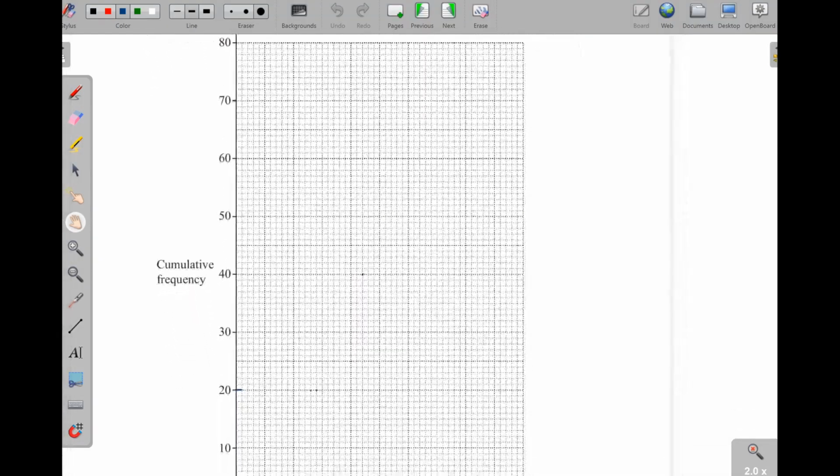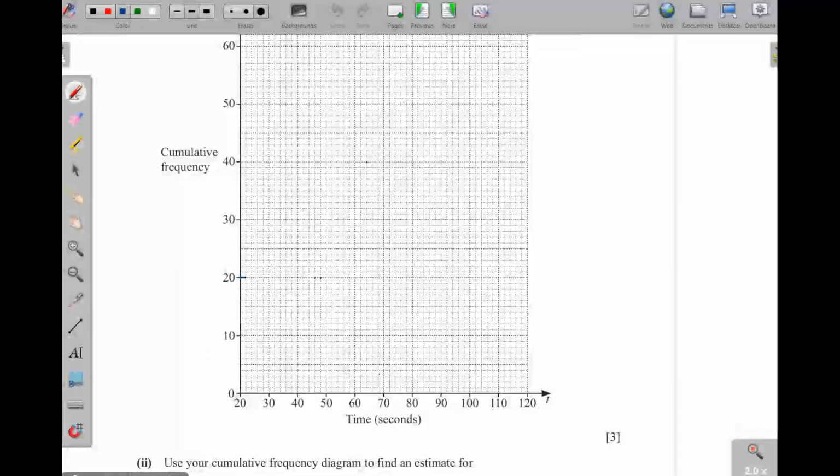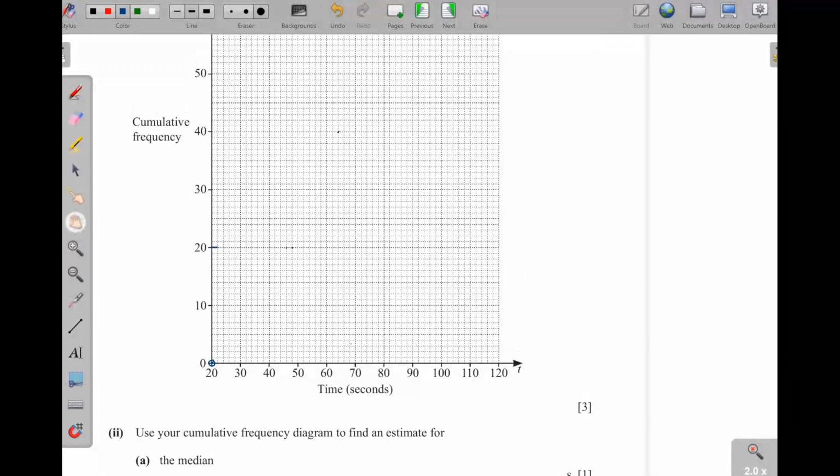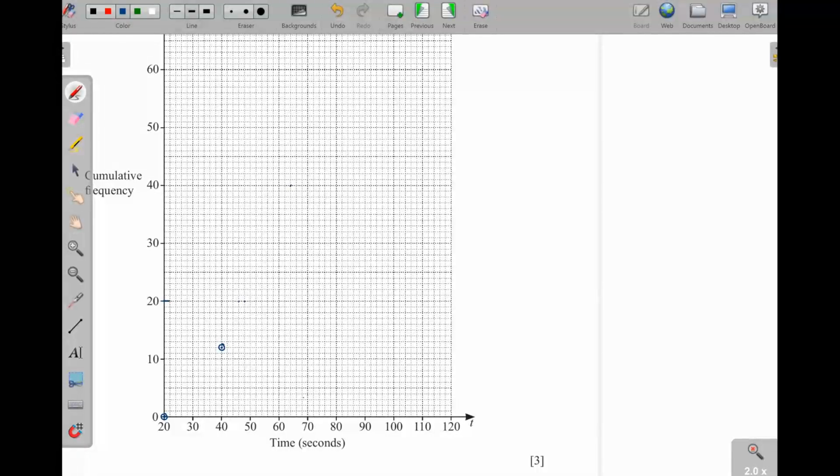So 20 and 0, it is here. Then we have 40 and 12, it is here. Then the next one, we have 60 and 36.